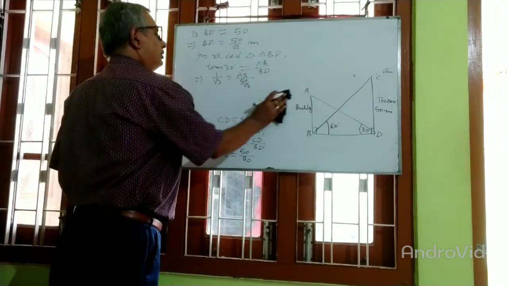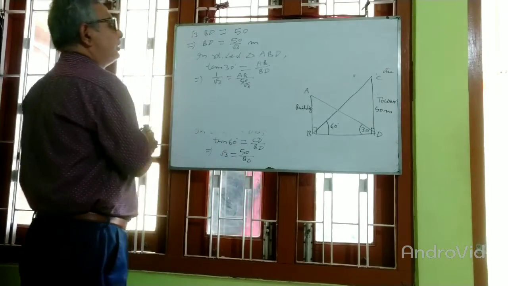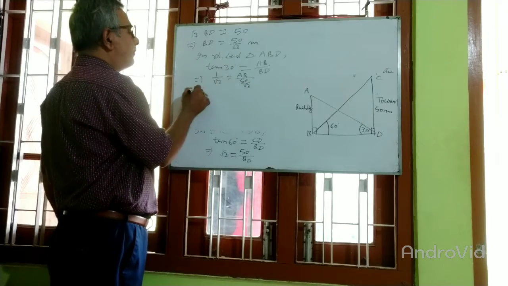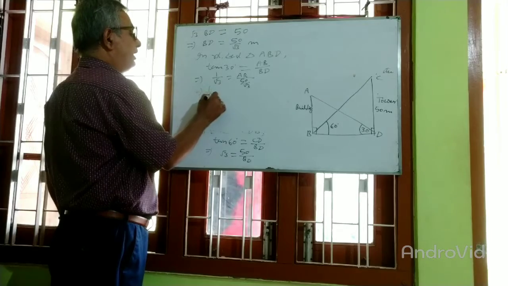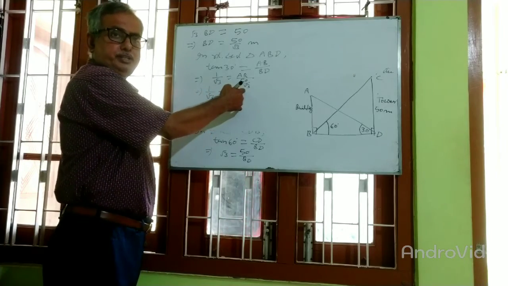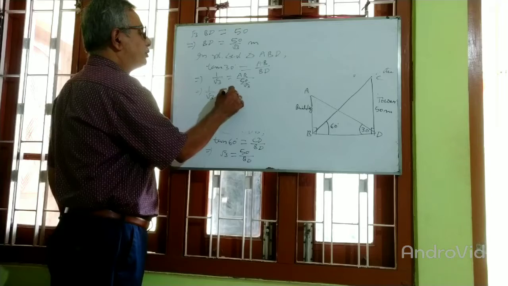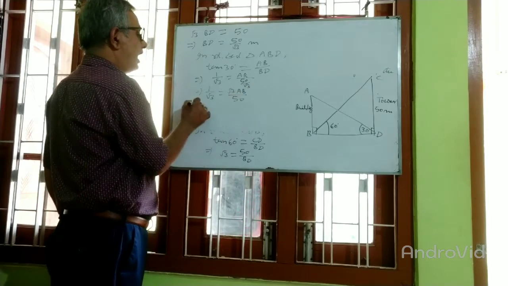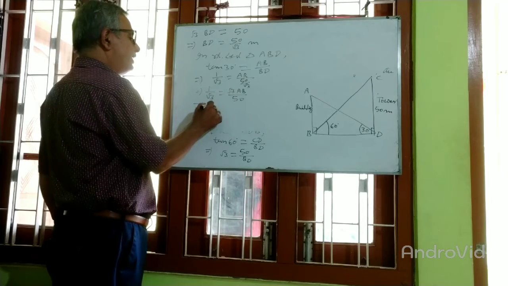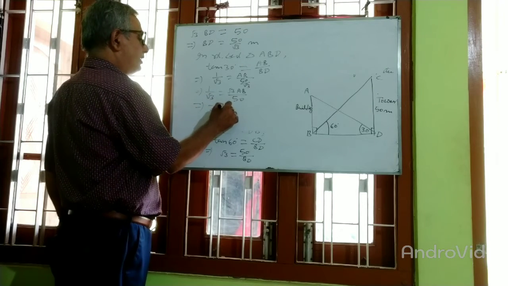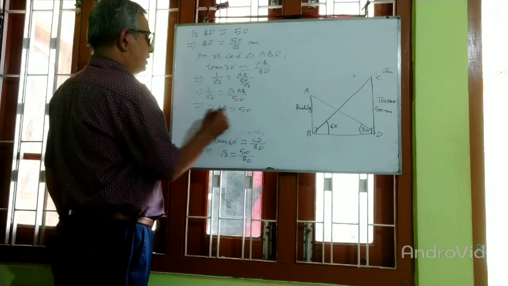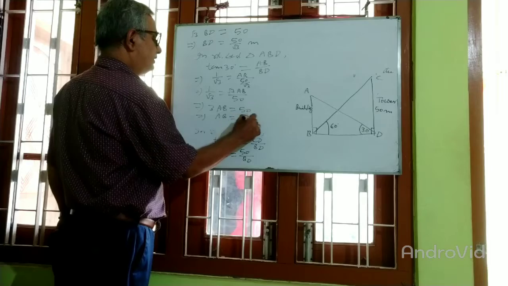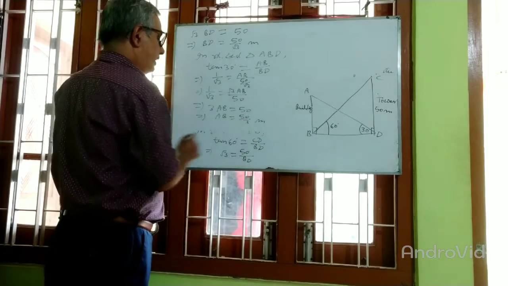Now cross multiplication you may do, or let √3 go up. 1 by √3 is equal to, this √3, it is in denominator, it will go up. So √3 AB by 50. Now cross multiplication. √3 into √3, 3 AB is equal to 50. So you are getting AB is 50 by 3 meter.